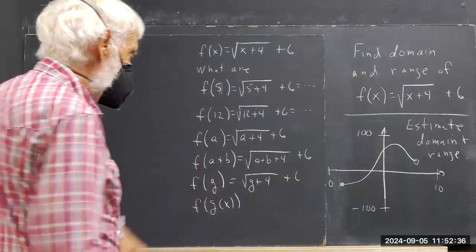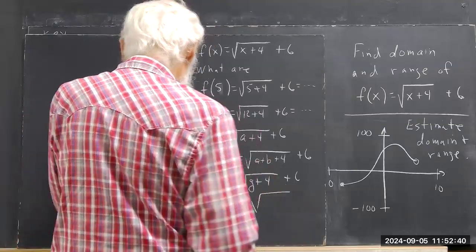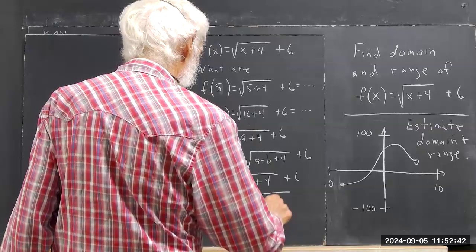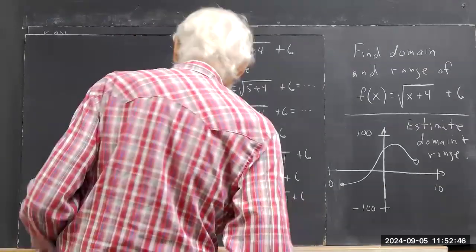And then f of g of x would be what? Would be the square root of g of x plus 4 plus 6.